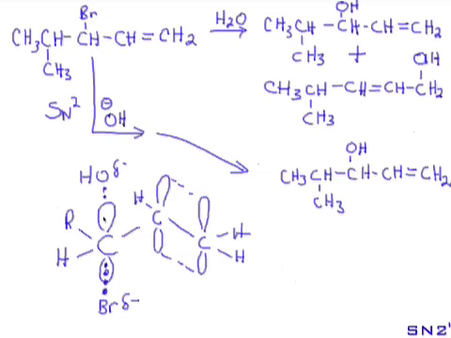But something else can happen that effectively is caused by the side-to-side overlap of the orbitals. You'll notice that this 2p is side-to-side overlapping with this 2p, but also it will help stabilize this transition state side-to-side. There will be some side-to-side overlap, and the electrons can move throughout the side-to-side overlap.